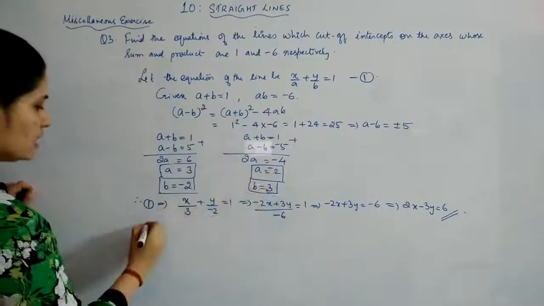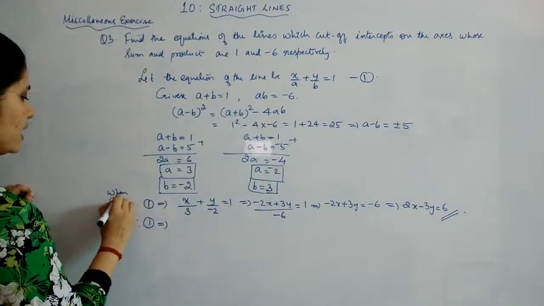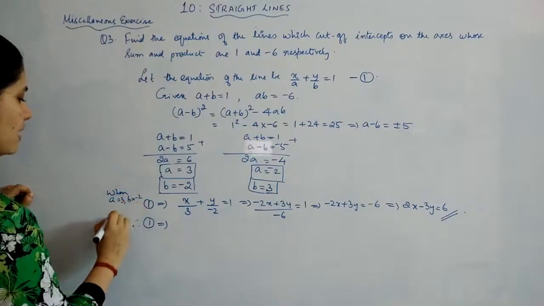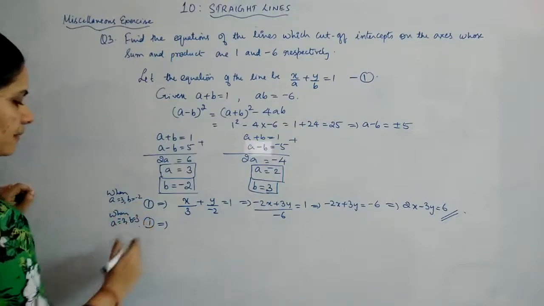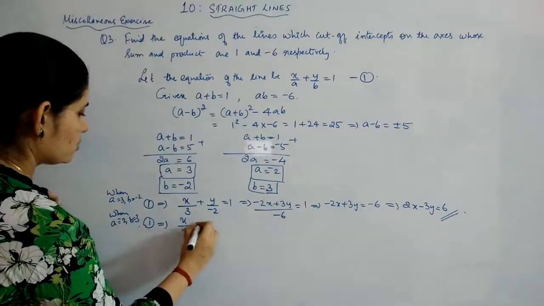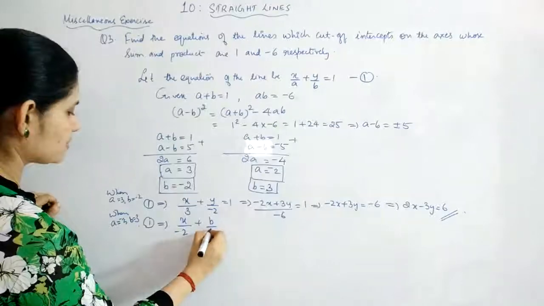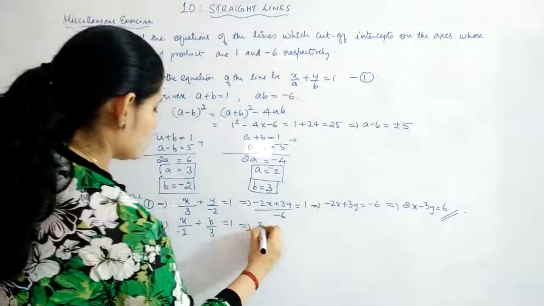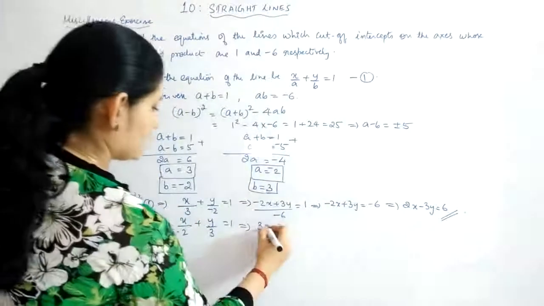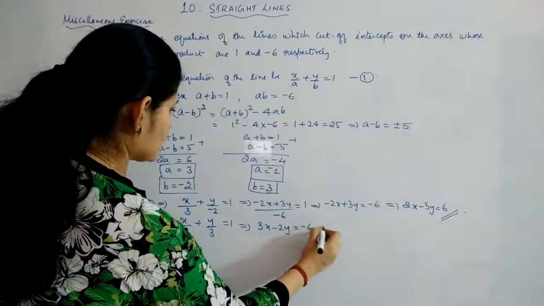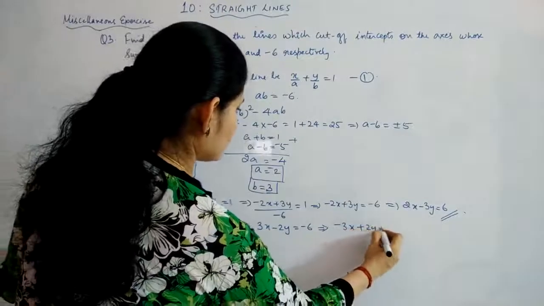Now again, in equation number 1, if you substitute when your a is minus 2 and b is 3, you will get the other equation. The earlier one was when a is equal to 3 and b is equal to minus 2, and this is when a is equal to minus 2 and b is equal to 3. So it will be x by minus 2 plus y by 3 is equal to 1, which implies 3x minus 2y is equal to minus 6, or minus 3x plus 2y is equal to 6.